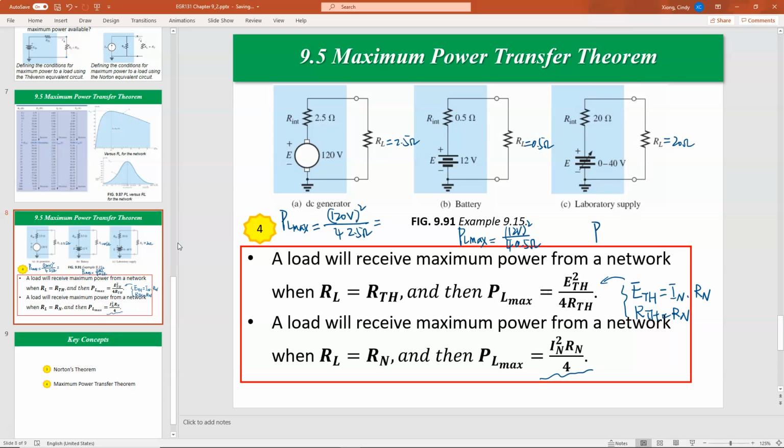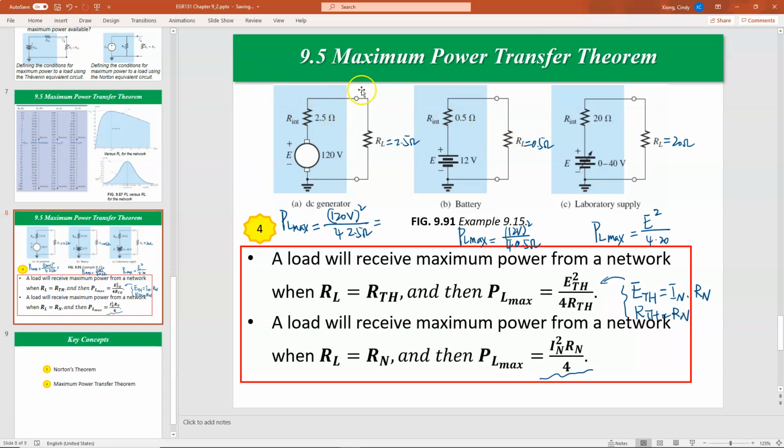For the last example, PLMAX equals E squared over 4 RTH, where E could be any number between 0 and 40 volt, and RTH is RINT, 20 ohm here. Then you get the maximum power you could get from the RL.